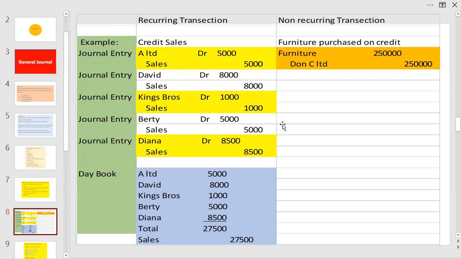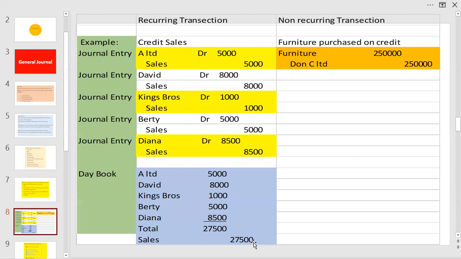If you see, the same sales have to be posted into the ledger account 5 times. That involves extra work as well. These credit sales can be entered in another format as well, which is shown here in blue color, where the names of all the sales, the debtors, are mentioned and totaled up as one entry. It is posted to the sales account, giving the same results.